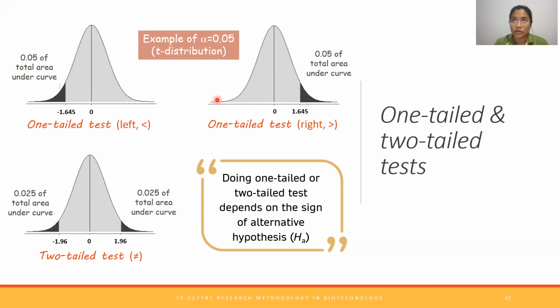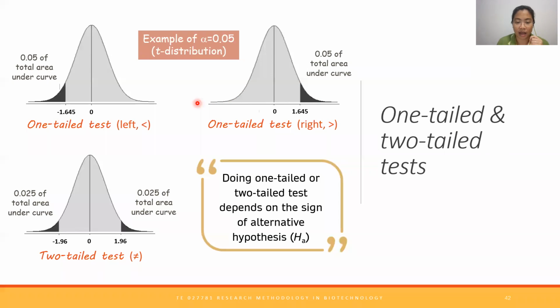Normally when we are doing statistical testing, we have to determine whether the test that we want to do is a one-tailed test or a two-tailed test. The word tail refers to the tail of the curve. So this one is the tail of the curve, and that one is also the tail of the curve.